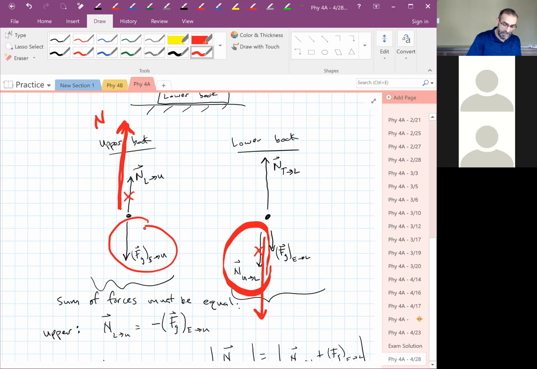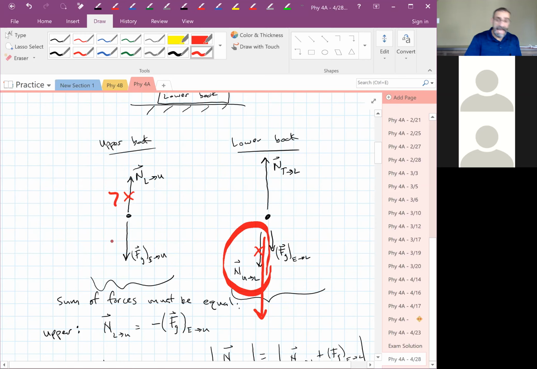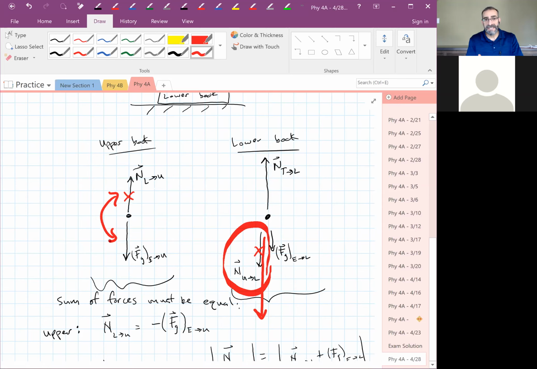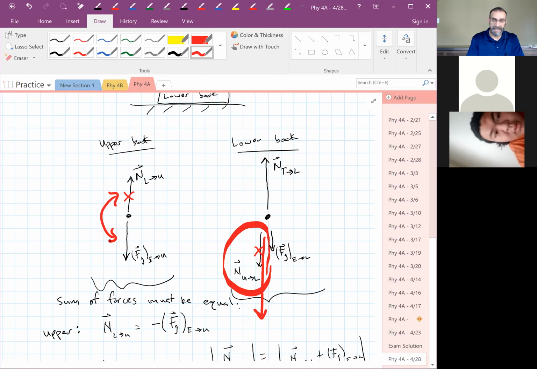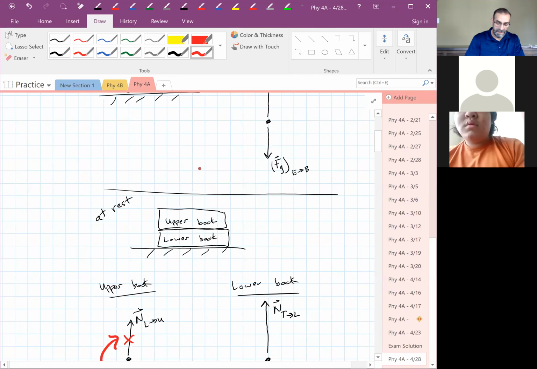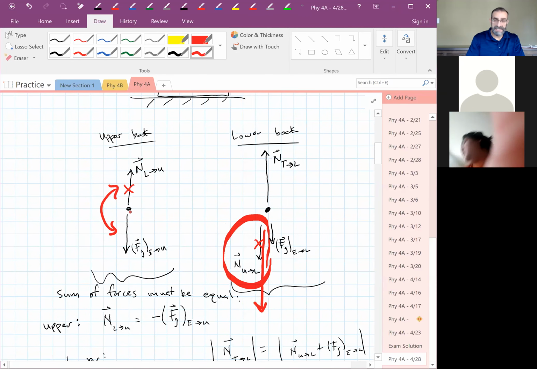So these two happen to be equal and opposite at this time in this situation, but they're not always equal and opposite. I could think of something I could do, like pushing down on the upper book here, that changes this, and those would no longer be equal and opposite.